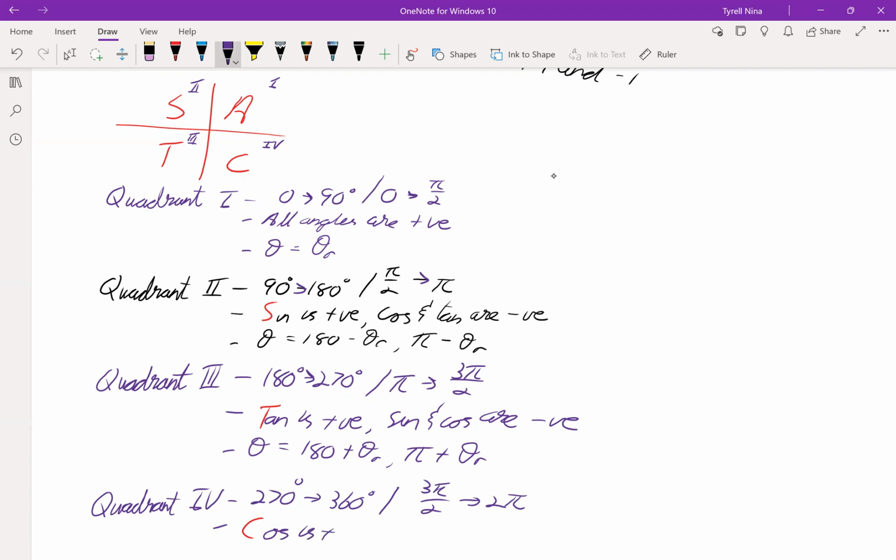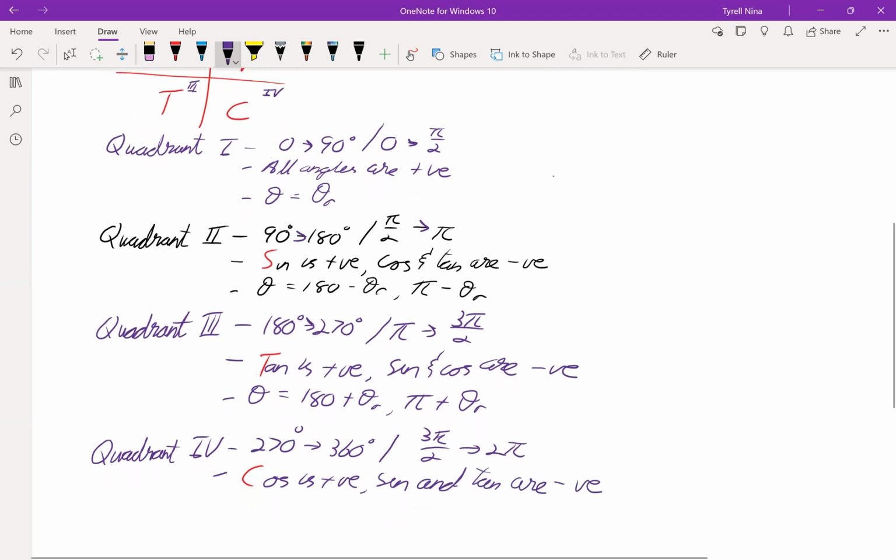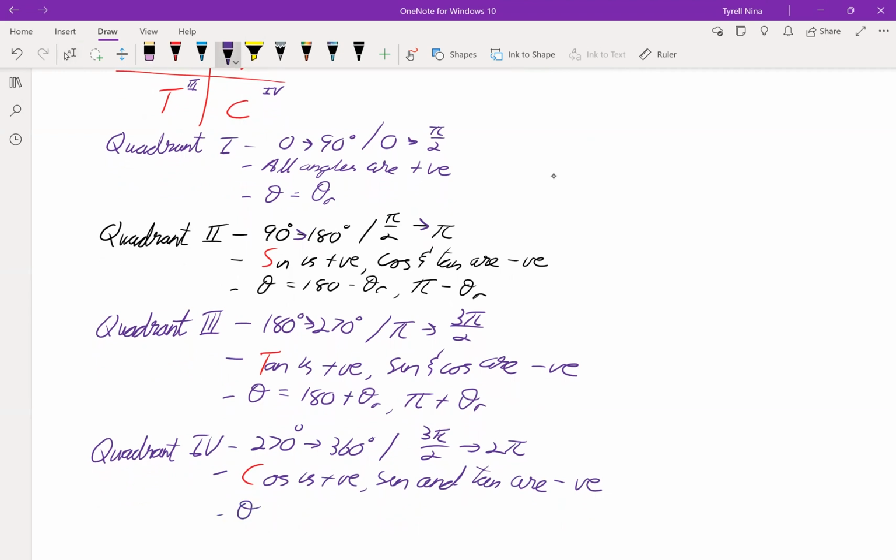Cos is positive, sine and tan are negative, and theta is 360 minus theta r, or 2 pi minus theta r.